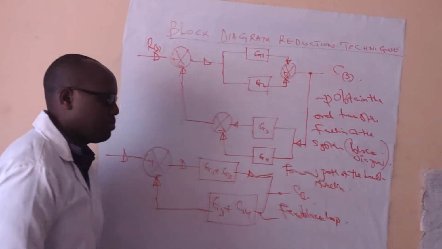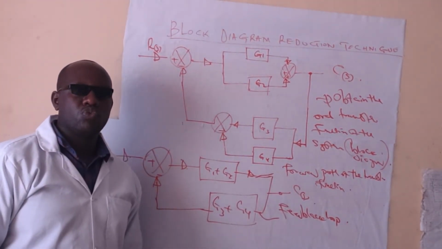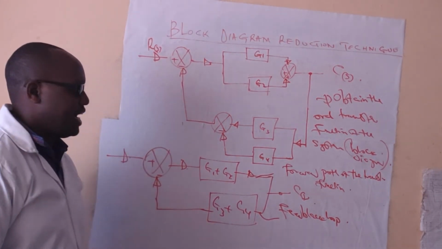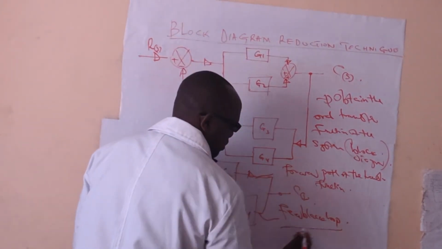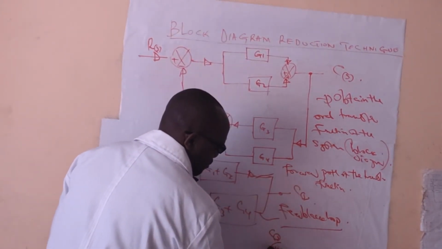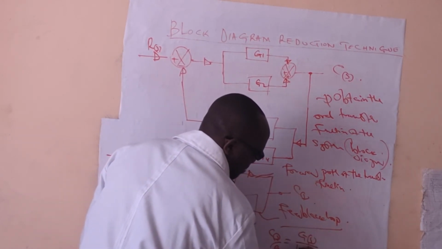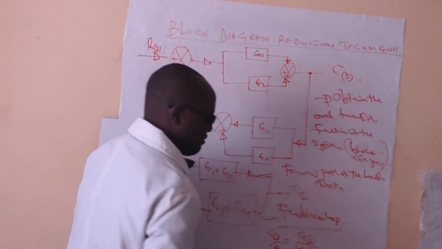Since there is a feedback loop, we are forced to use rule number 7. For rule number 7, we use the formula C(s) over R(s) equals G(s) all over 1 plus G(s)H(s).